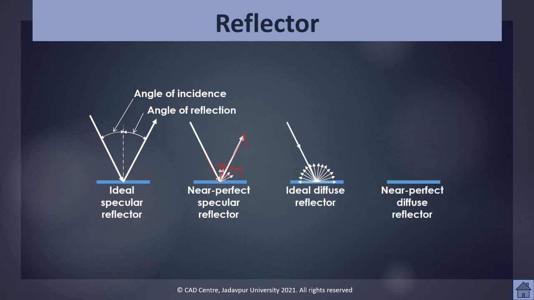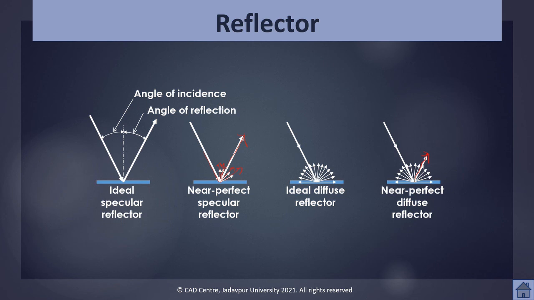Rather, we have near perfect diffuse reflectors, where most of the energy will be directed in all possible directions in equal amounts, but some amount of energy will be directed in the opposite direction of the incidence angle, and this is the specular reflector type characteristic. Now, rough surfaces act like diffuse reflectors.